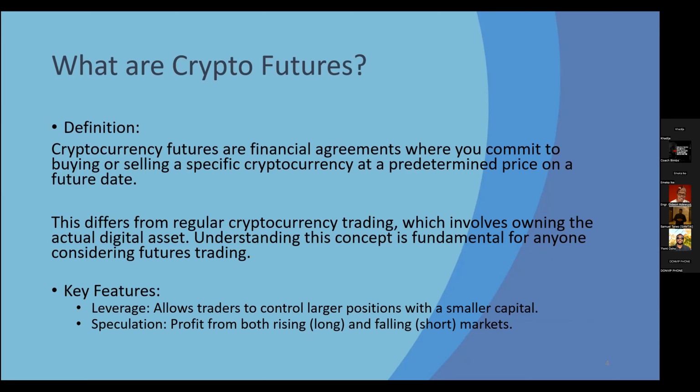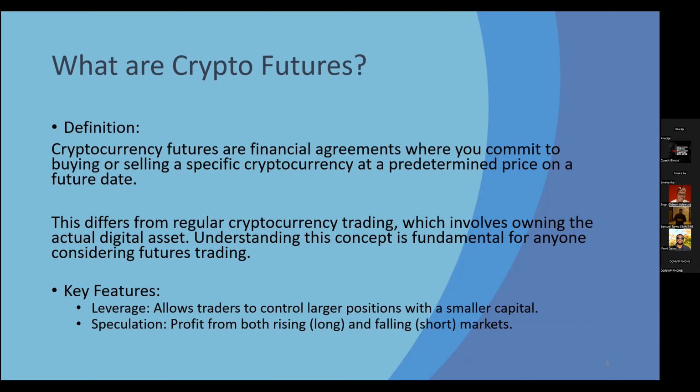Okay. Now there are two major key features in futures trading. One of the key major features is leverage. Leverage allows traders to control larger positions with a small capital. I want somebody to take note of this leverage because we'll talk about it. Let's assume the current market price of BAKE is $2 per one BAKE.